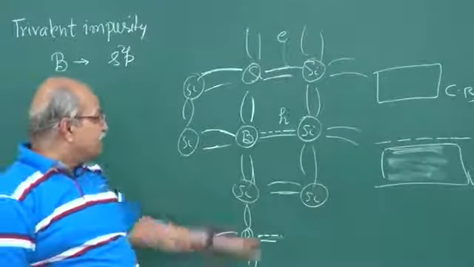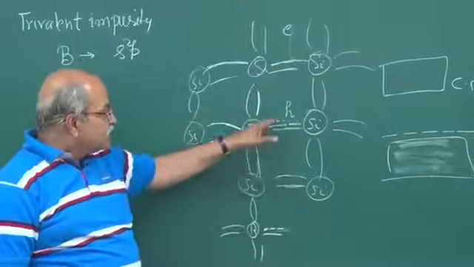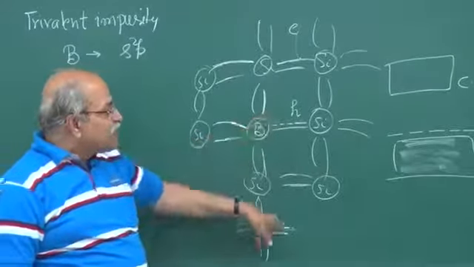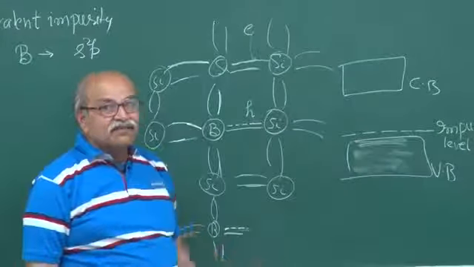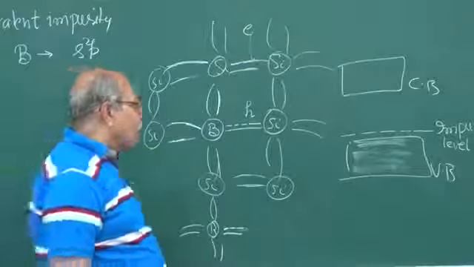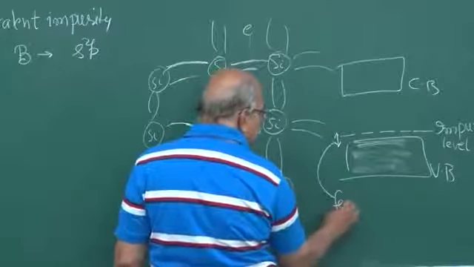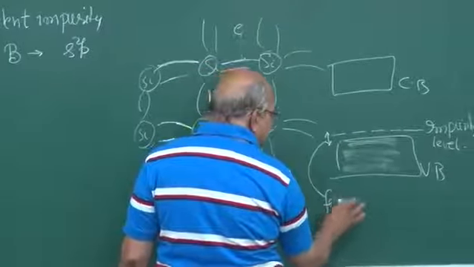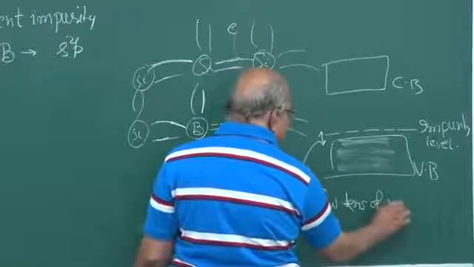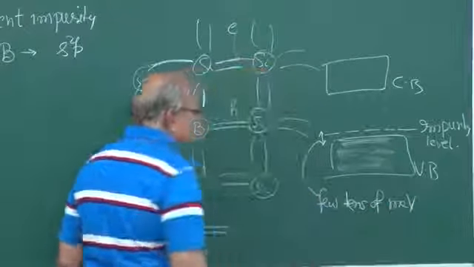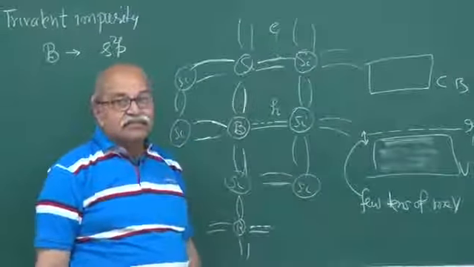So you are creating new, empty quantum states, the energy of which will be slightly higher than the top of the valence band. And how much higher? Once again, this is a few tens of milli electron volts, right? 10, 20, 30, 40 milli electron volts, that is this.